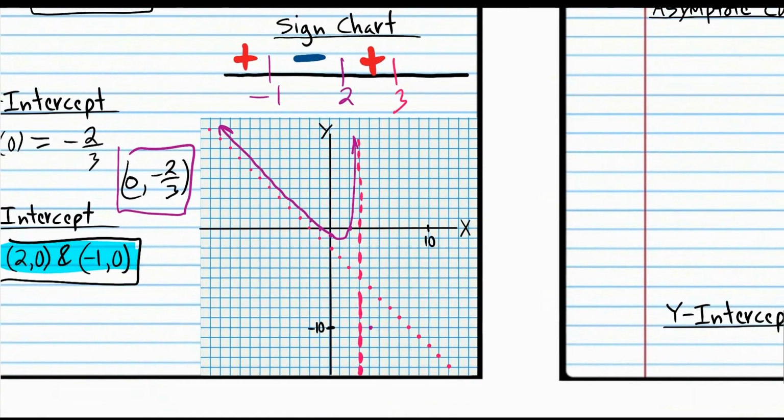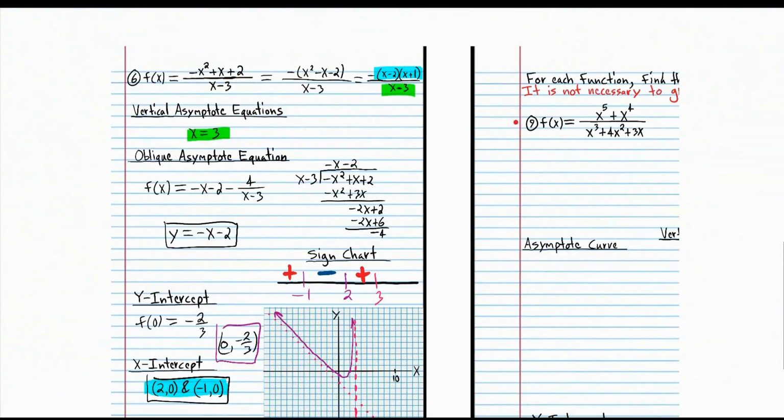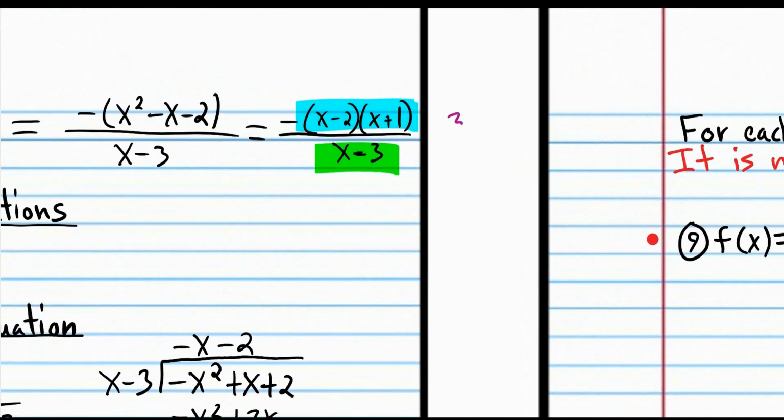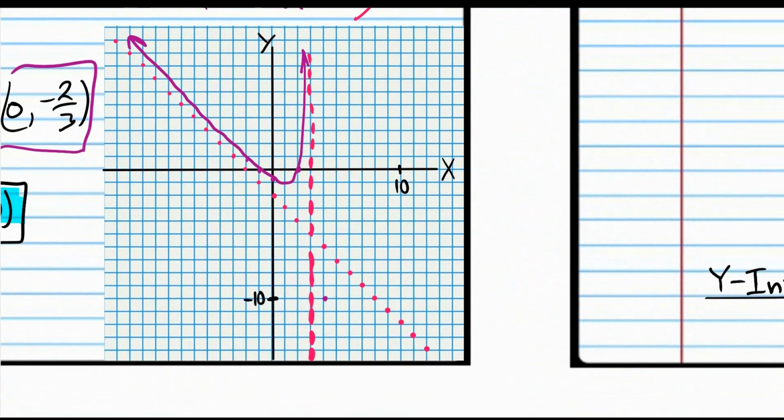Let's try plugging in 5. Then we get negative 3 times 6 over 2, and that would be negative 9. So when we plug in 5, we get negative 9. And at this point we can see what the graph is going to look like.